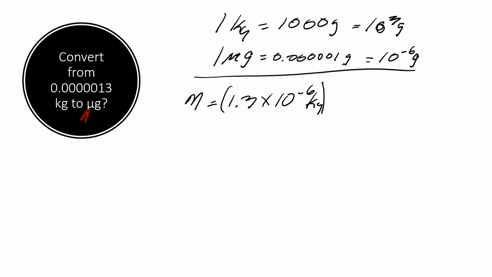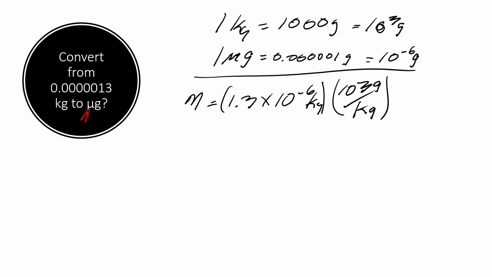So now we're going to apply our conversion factors, and I'll apply the first one, which is 10 to the third grams per kilogram. This is nice because we can see the kilograms are going to cancel out.